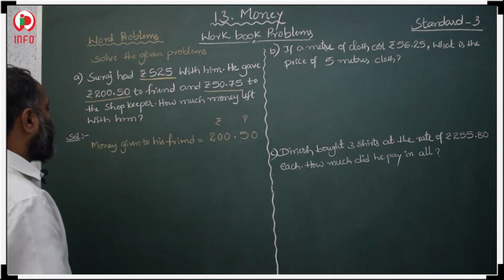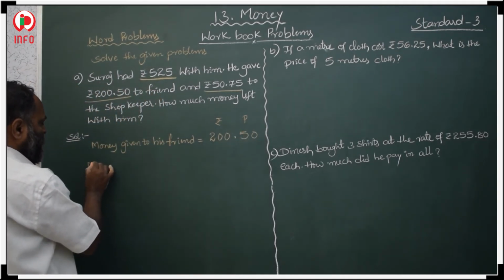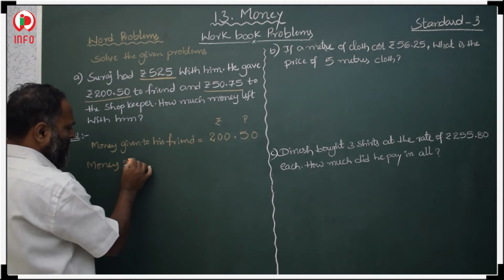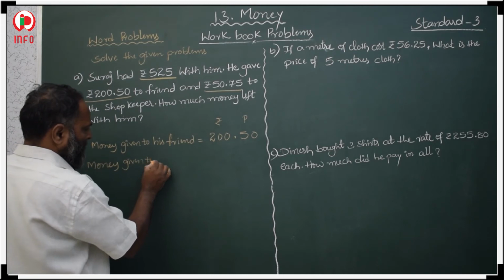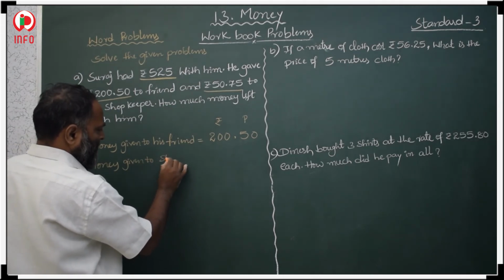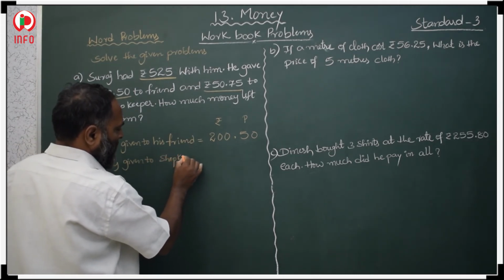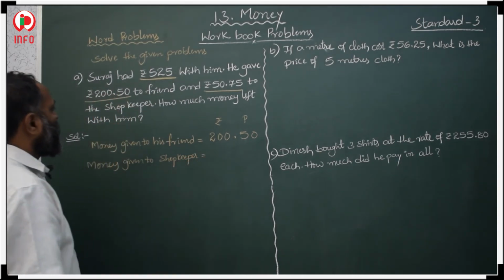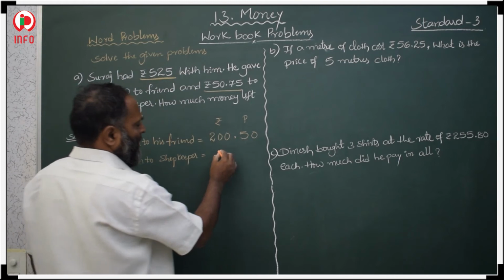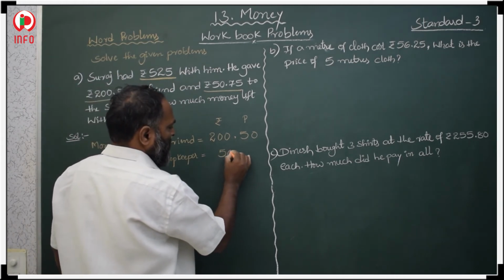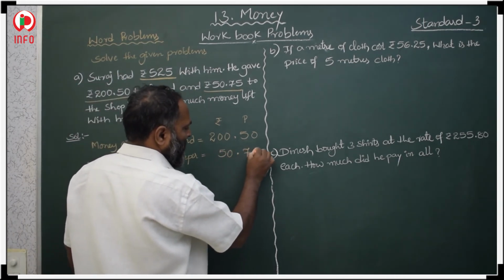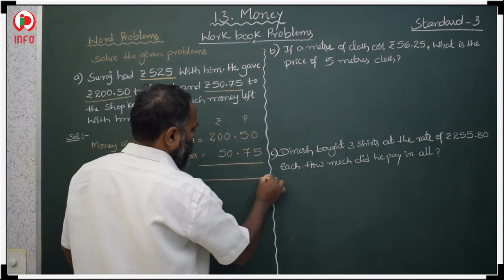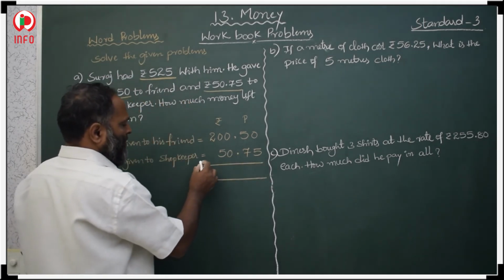Next, money given to the shopkeeper. How much money has he given to the shopkeeper? 50 rupees 75 paisa. Then add. Total, how much money did he give?